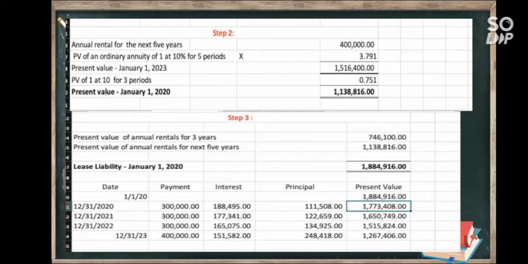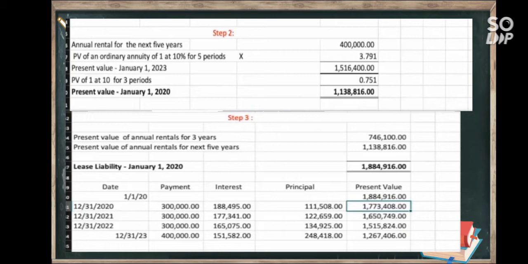Now we will make an amortization table. The present value of 1,884,916 is multiplied by 10% to get the interest. The annual payment is 300,000.